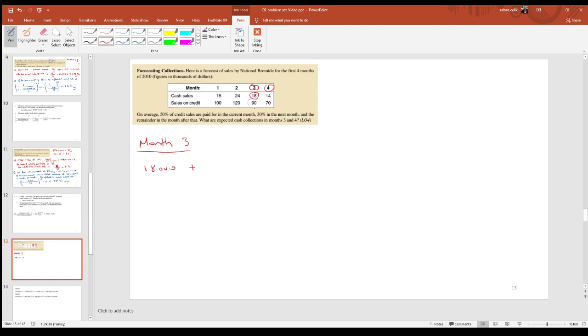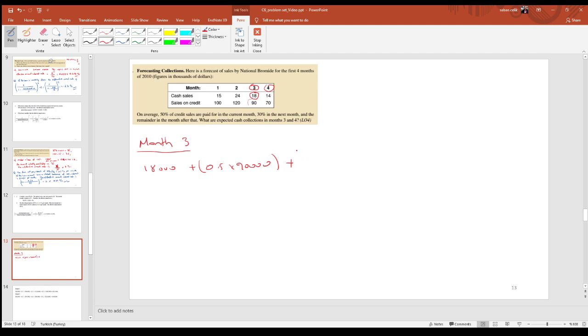So 50% of $90,000 will be collected, plus 30% in the next month, and the remainder in the month after that.